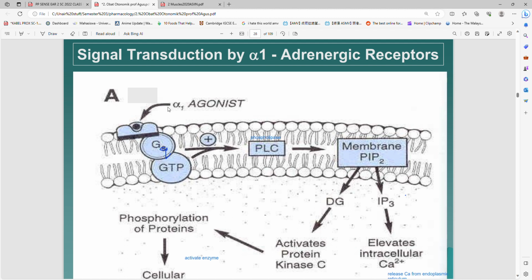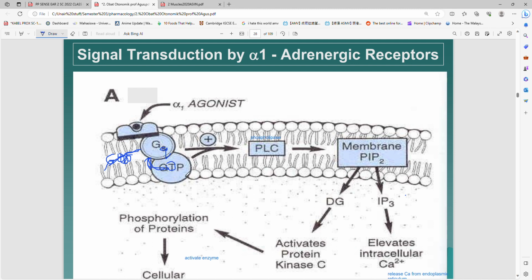So when the alpha-1 agonist binds to the alpha-1 receptors, normally GDP is bound to the Gq, but when the alpha agonist binds to the receptors, it releases the GDP from the G protein, and then the GTP in the cell membrane binds to the G protein.